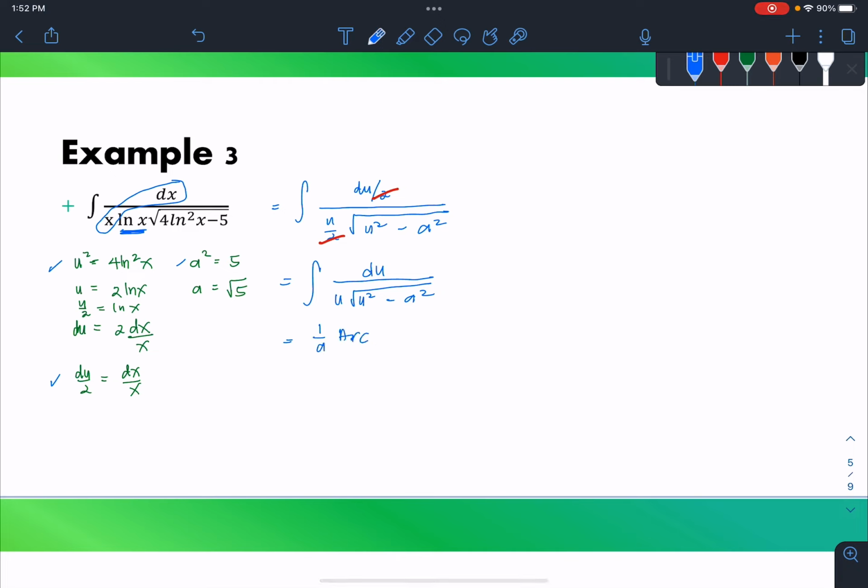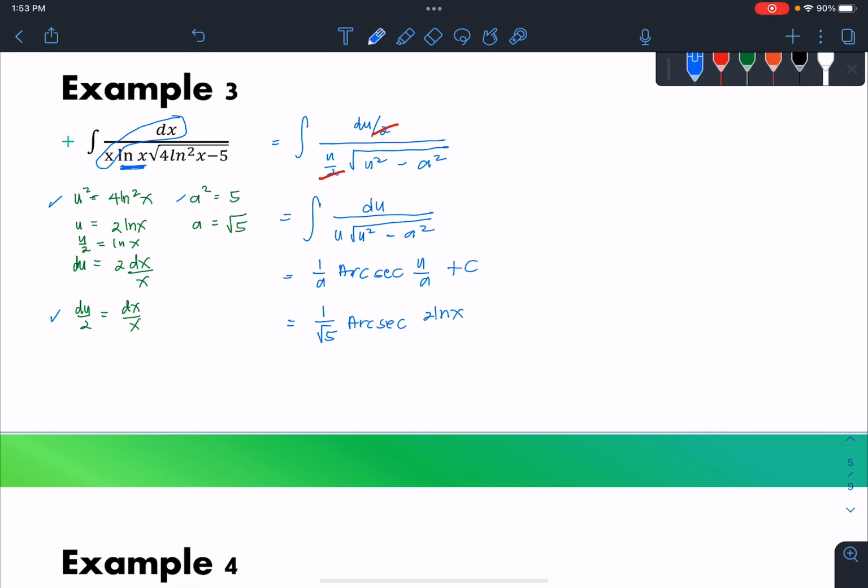So wherein a is equivalent to square root of 5, so 1 over square root of 5 arc secant of u, which is 2 ln x. So this is our u, and then our a is square root of 5, plus c. So then we can make that one as ln x squared, or just simply 2 ln x.